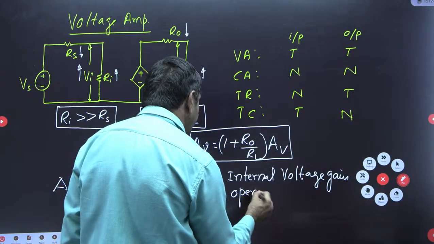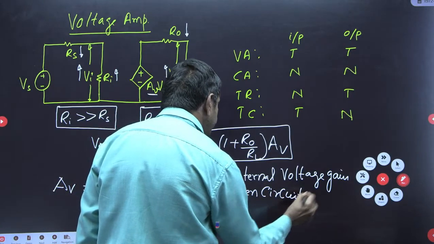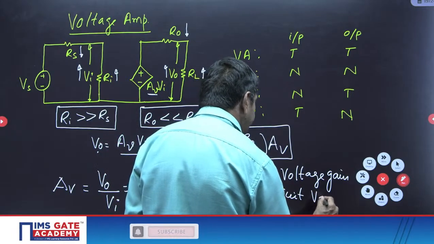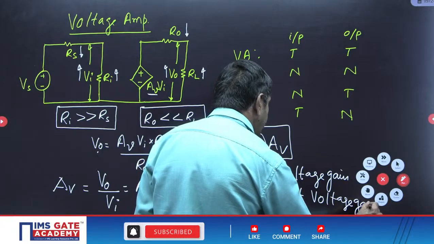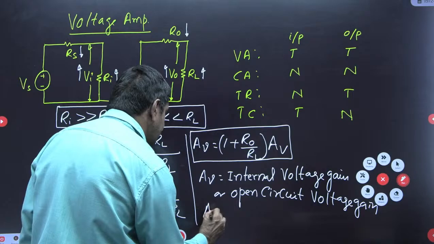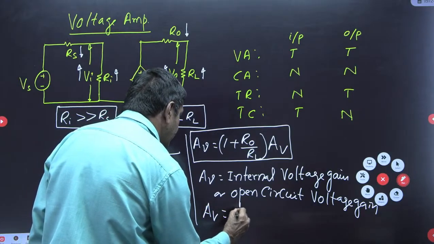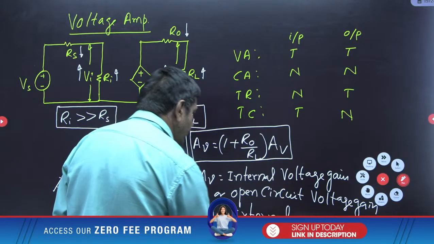If asked in the GATE, you can write open circuit voltage gain; any name is allowed. What is A suffix capital V? A suffix capital V means external voltage gain.